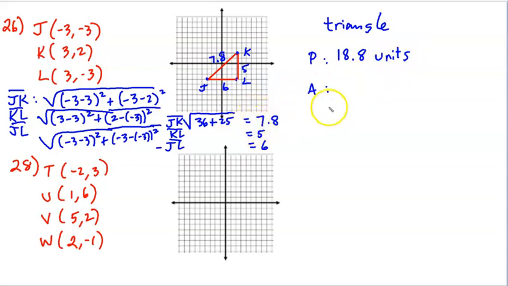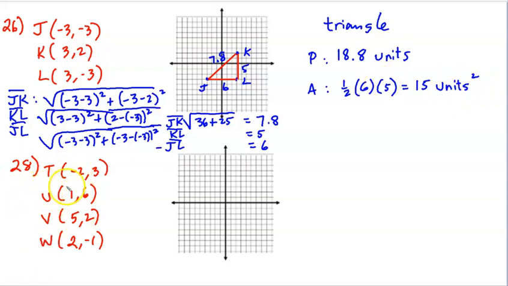And now let's find the area. So that's 1/2 times base, which is 6, times height, which is 5. And you can probably see that's 1/2 of 30, which is 15 units squared.